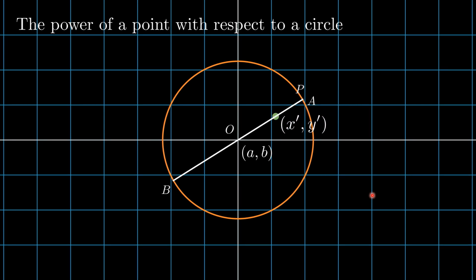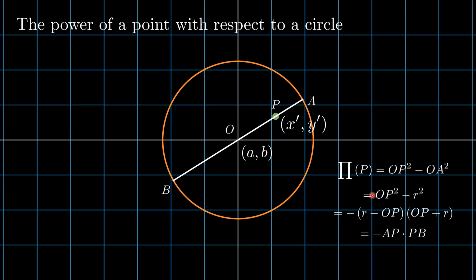So you see right now, if the point is on the circumference, then the power is 0. But when it goes in, then OP squared minus R squared, which is, we have to flip, so we have negative of R minus OP times OP plus R. That's a difference of two squares, so we have negative AP times PB, negative distance AP times PB.